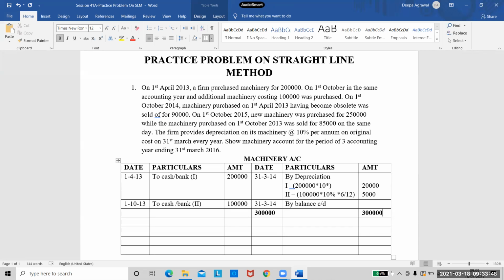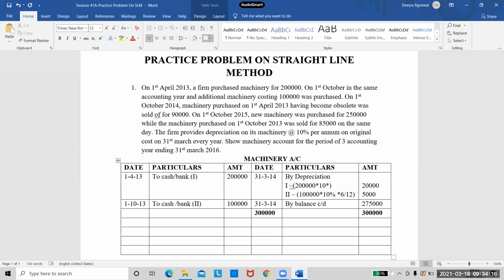Now tell me the balance for credit side. 3 lakhs minus 25,000. So what is the balance? It should be 3 lakhs minus 25,000. So that would be 2 lakh and 75,000.